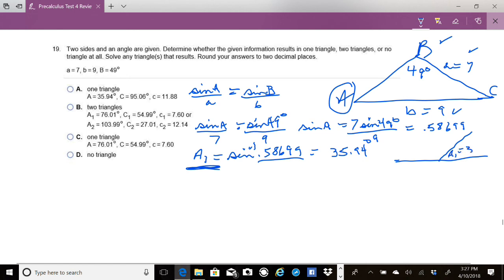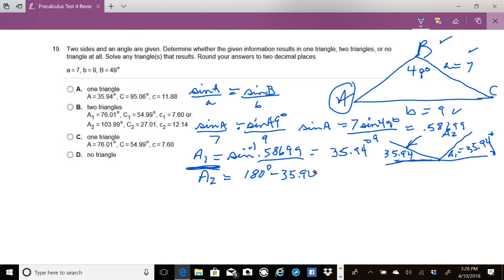Notice there's another angle, A2, which would also have the same sine, and that would be 180 degrees minus 35.94 degrees. So A2 equals 144.05.